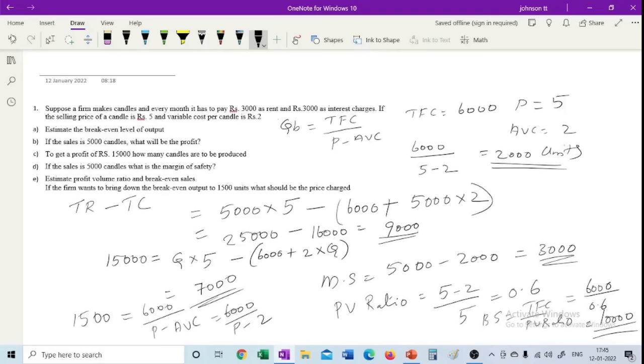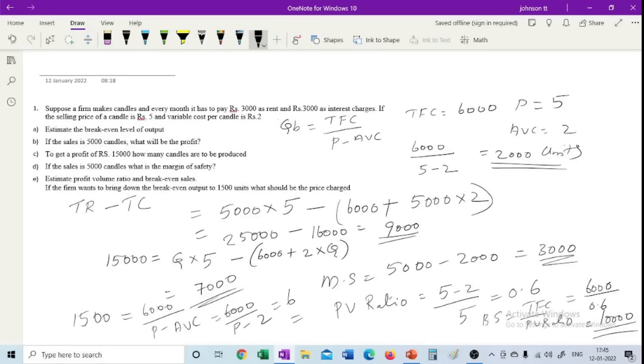So when you solve, you will get the price as 6. When you solve this, you will get price is equal to 6. So that means if the firm is charging a price of rupees 6 per candle, then the break-even output will be 1,500 units.